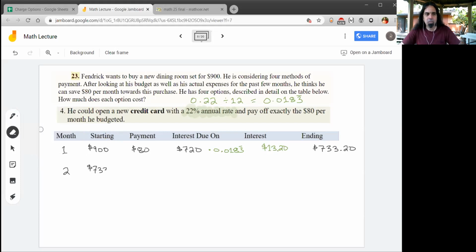I'm sorry. That should be an 820, shouldn't it? I am still thinking from the one with the down payment.